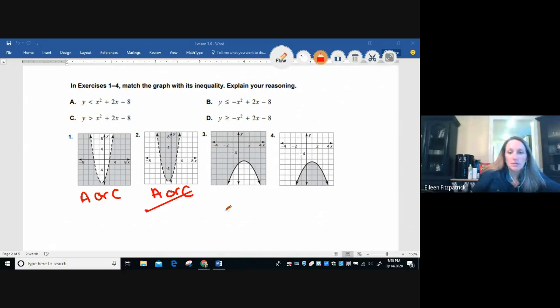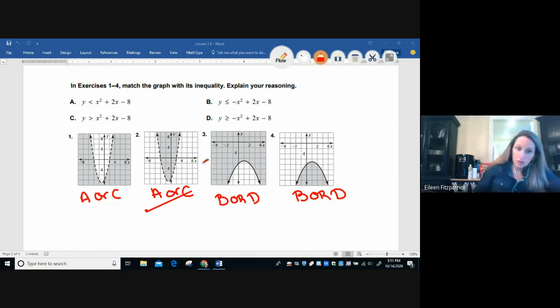That means the ones opening down are going to be either B or D. Now, they're both dashed lines, which makes sense because they both have no bar underneath. Here I have solid lines.